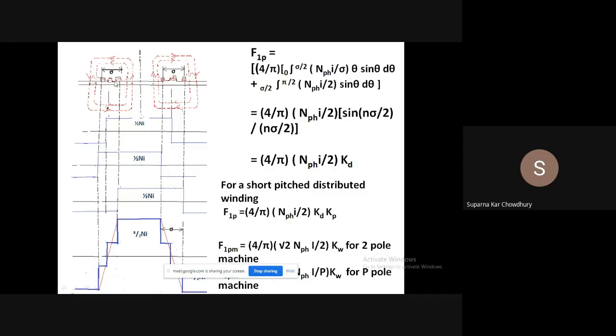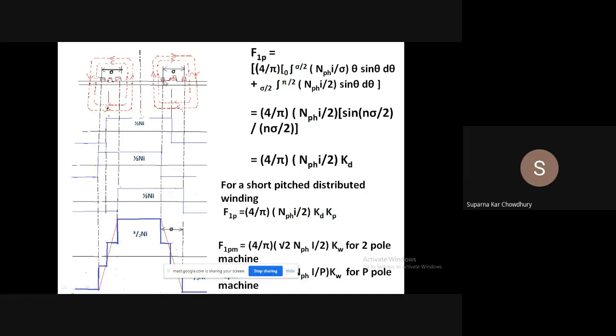Now consider this figure. I have drawn 3 conductors on each side, so 3 slots on each side. This and this conductor might be considered as one winding, and this and this constitute another winding.